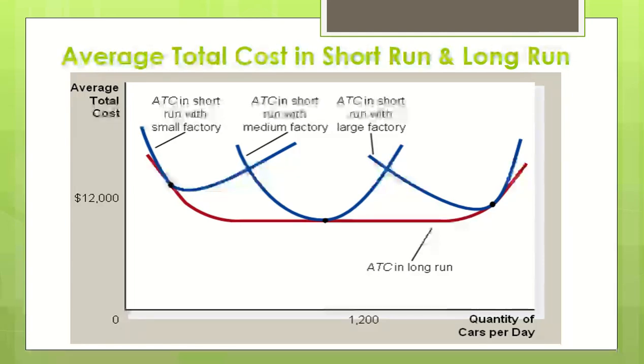So again, the long-run average cost curve is the combination of minimum points of short-run average total cost curves in different factories, that is small, medium and large factories.